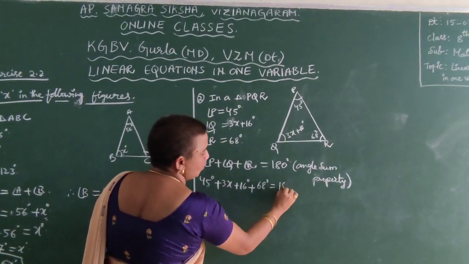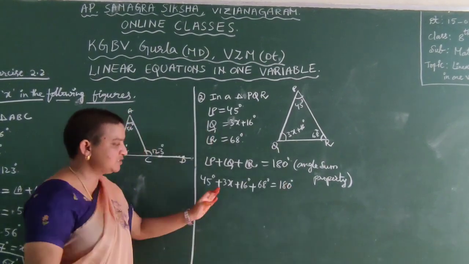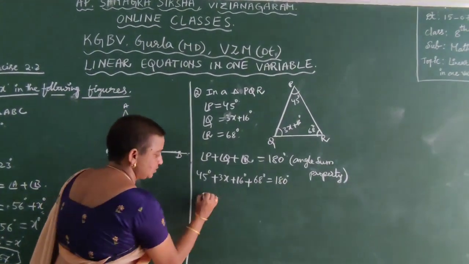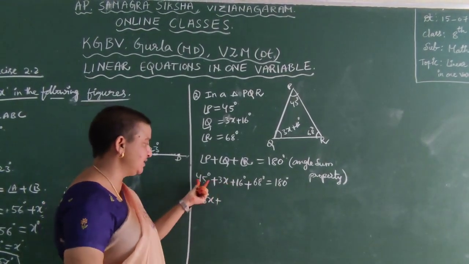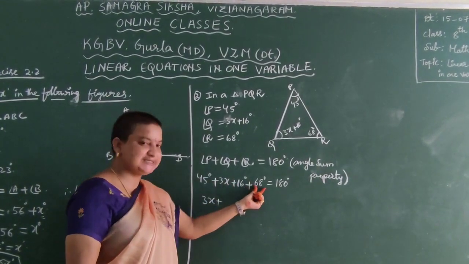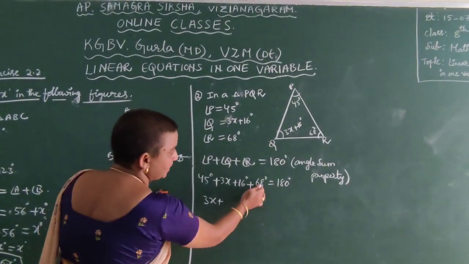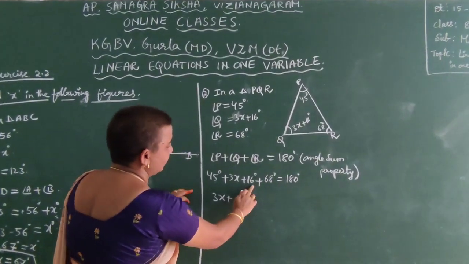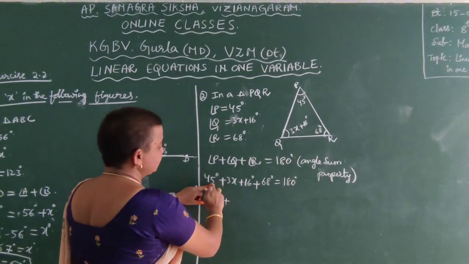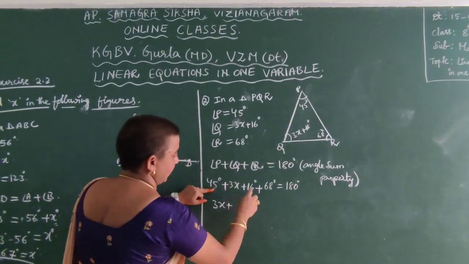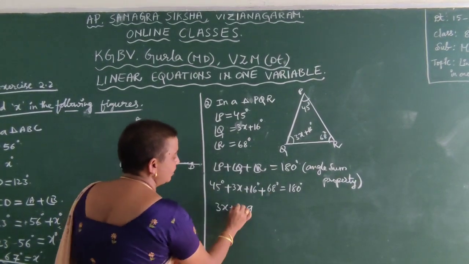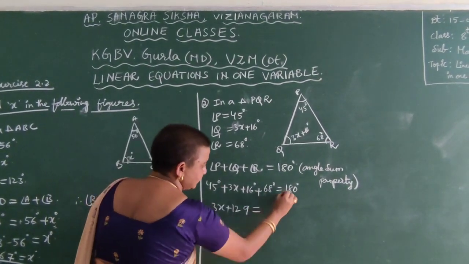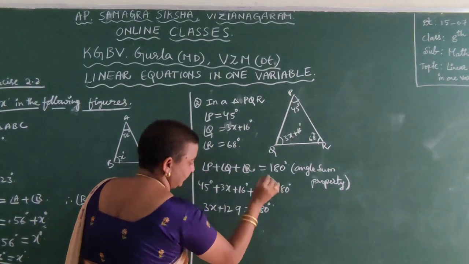is equal to 180. Okay, first we have to write the variable term. So 3x plus, now we have to add the constants. 45 plus 16 plus 68 means how much? 8 plus 6, 14. 14 plus 5, 19. 9. 7, 6 plus 1, 7, 8, 8 plus 4, 12. 129 is equal to 180 degrees.